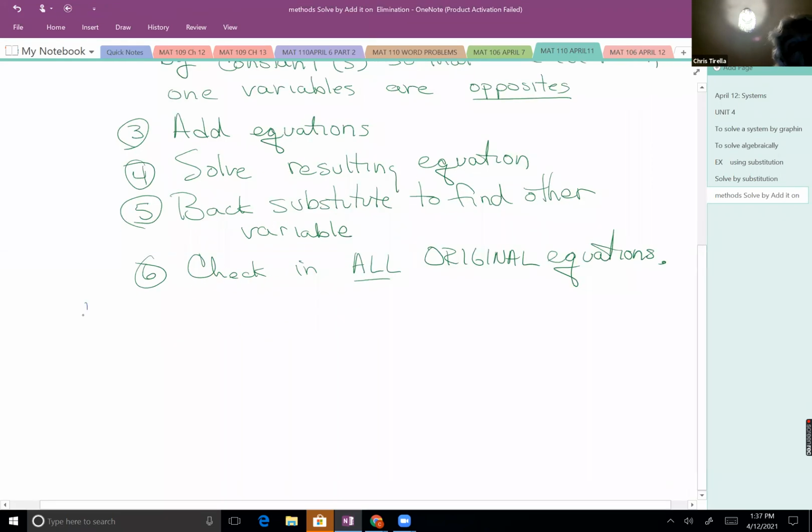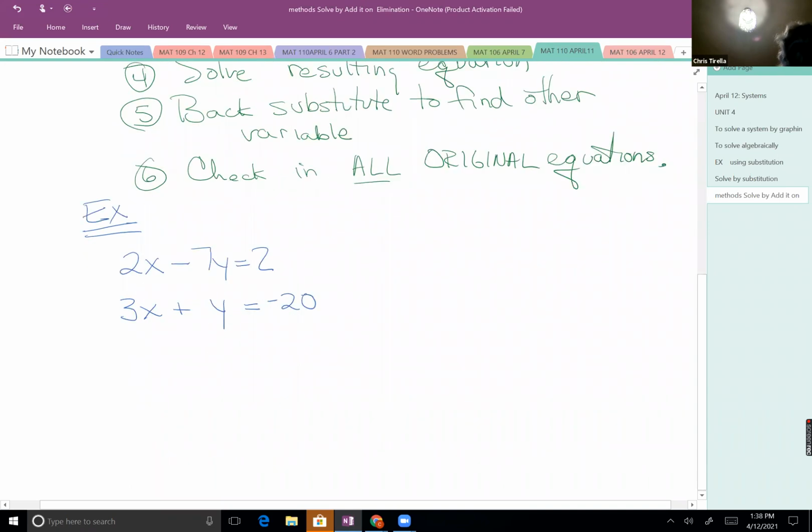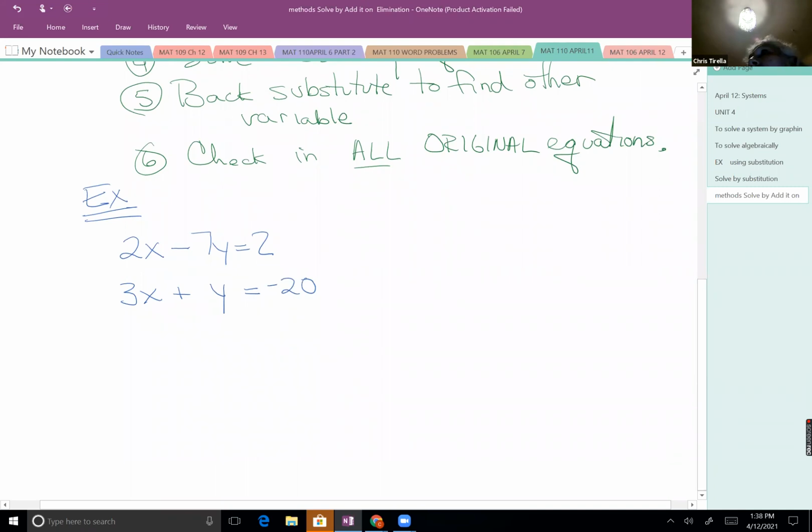So for my example, let's look at the system 2x minus 7y equals 2 and 3x plus y equals negative 20. Now here, you have some choice.